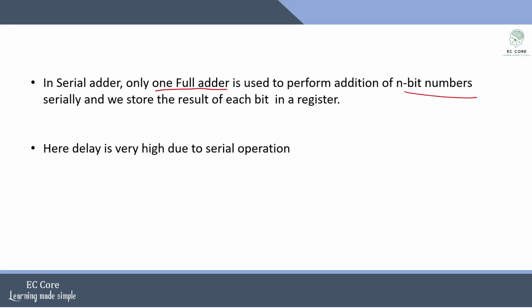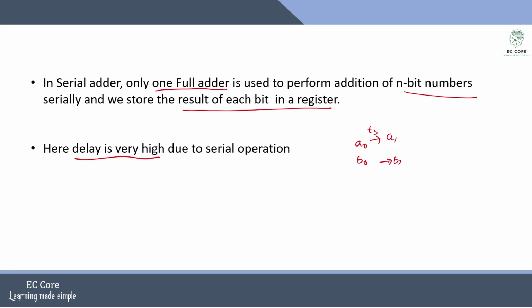The result of each bit will be stored in a register, as we saw here, and the delay is very high because first I am adding the first bits A0, B0, and then after completion of this operation I go for A1, B1. Let us say that for completing this operation I take time Ts, and let us call this the sampling time Ts.